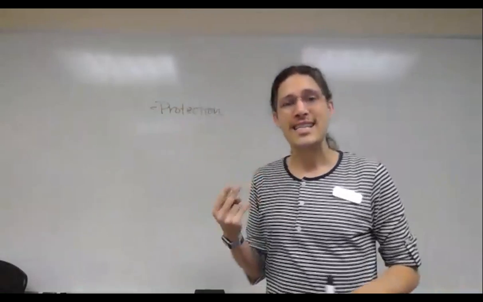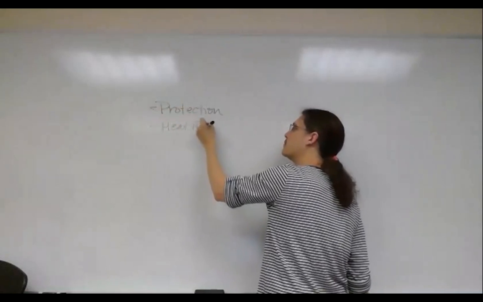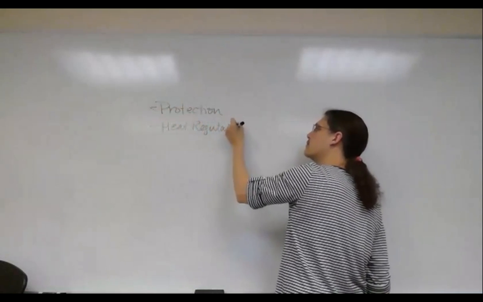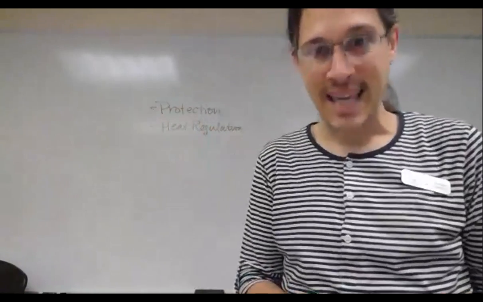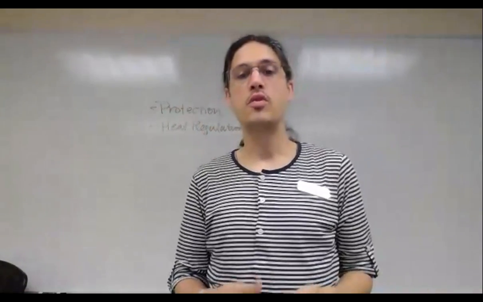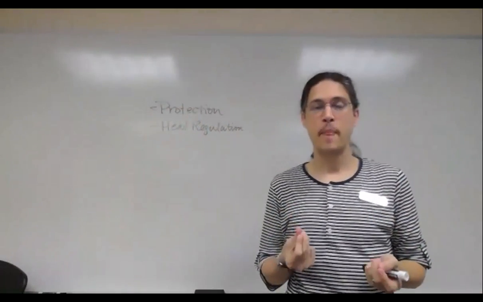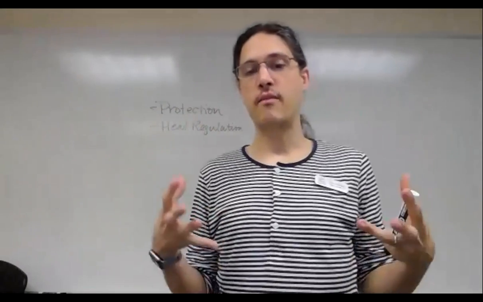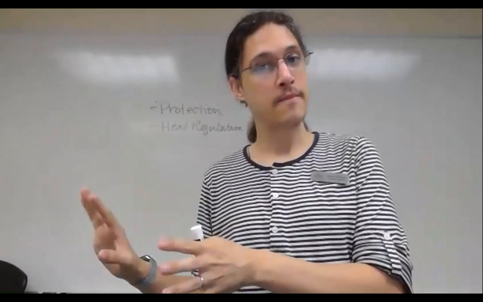Number 2 is heat regulation. So through the action of the skin, we are able to either increase or decrease the overall body temperature. We do this by pushing blood towards the blood vessels in the skin.